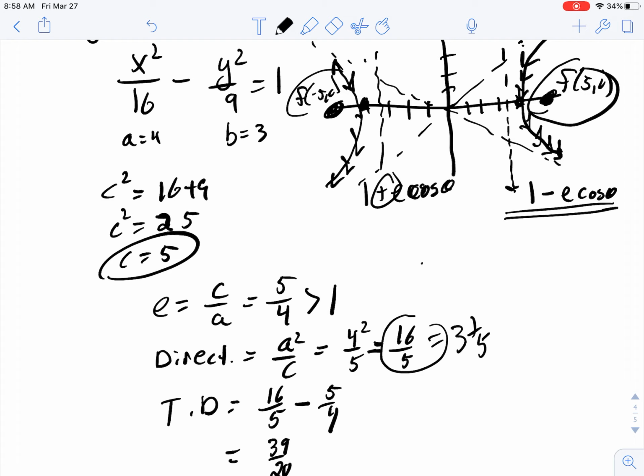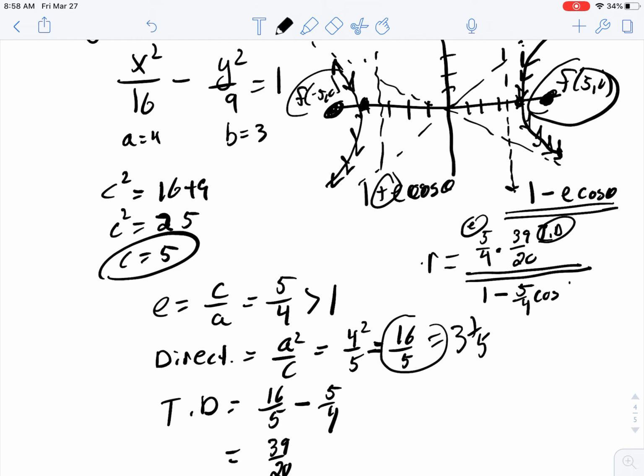So I'm going to graph out this one here. My equation would be 5/4 times 39/20, so again, here's my e, here's my total distance, divided by 1 minus 5/4 cosine of theta.